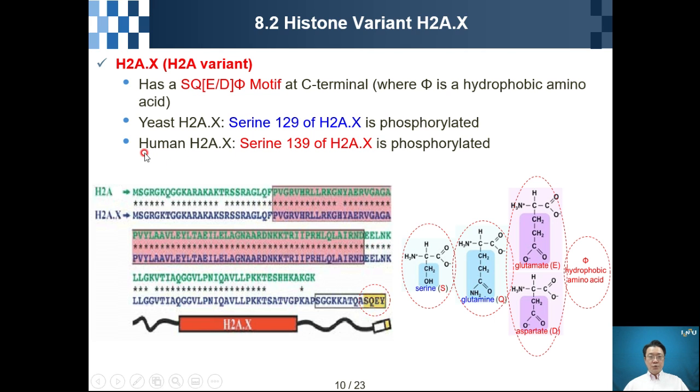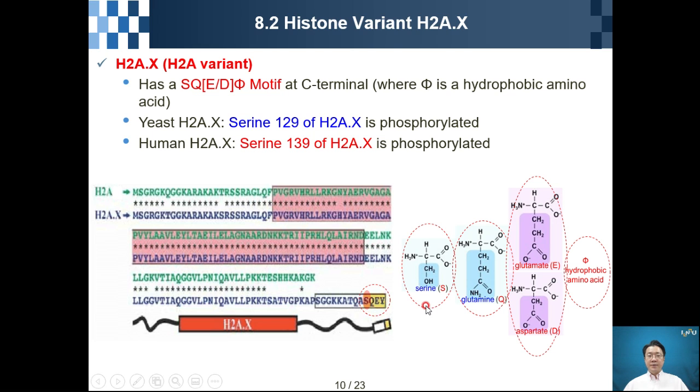Then in human H2AX, the 139th location is serine. So in human cases, this serine is phosphorylated. So this is O. Usually the phosphate can bind here.